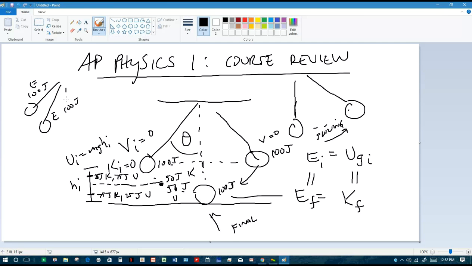When it's down toward the bottom, E is still 100 joules. The total energy would always be 100 joules because there's nothing to remove energy from it. And so there would be a continual transfer from kinetic to potential, and then from potential back to kinetic, and so forth as it went back and forth, and it would do that forever, which would be called perpetual motion.